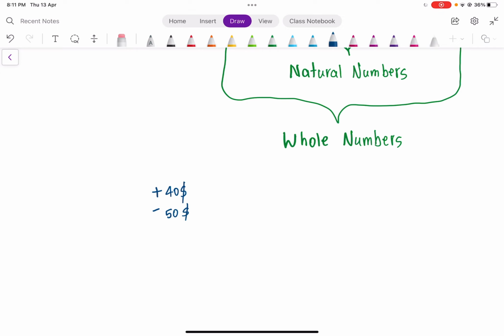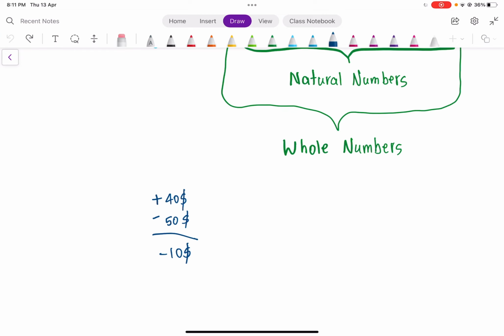That means you spent more than what you have. This can be done by using a credit card or something like that, but that means you are in debt. You have to pay $10, which you haven't paid yet because you've spent more than you have. So you can think about this as being in debt.